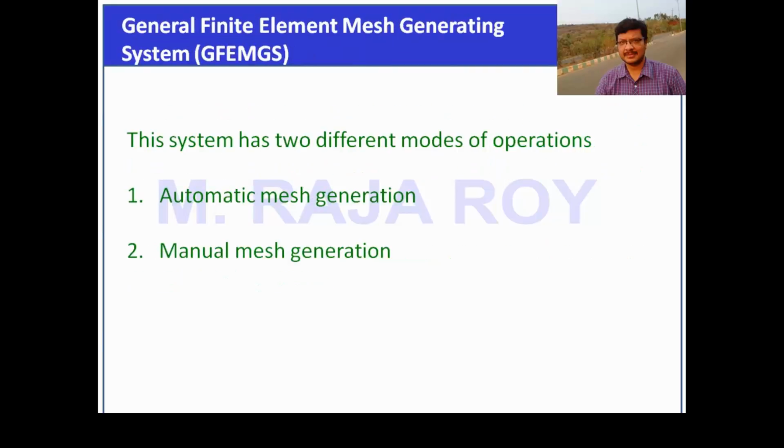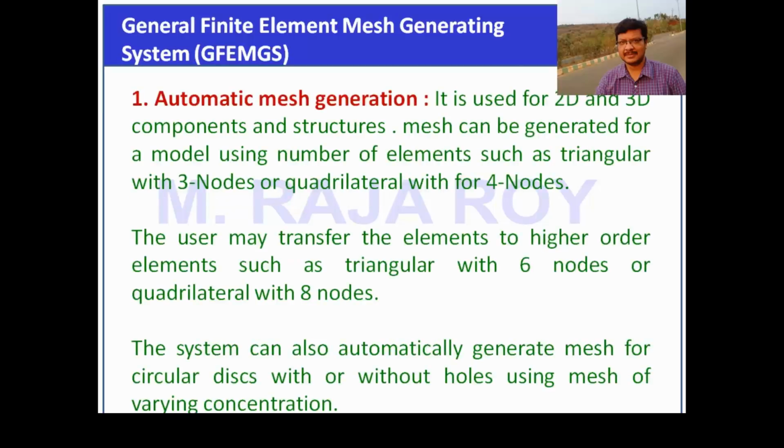General Finite Element Mesh Generating System, GFEMGS. This system has two different modes of operation: 1. Automatic mesh generation. 2. Manual mesh generation. Automatic mesh generation is used for 2D and 3D components and structures.